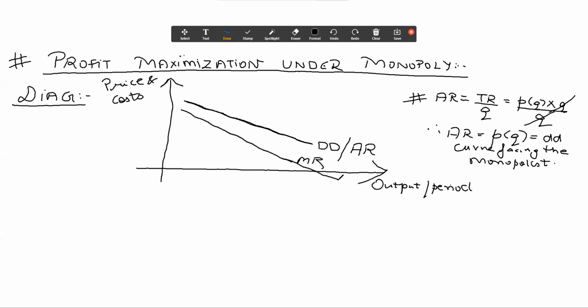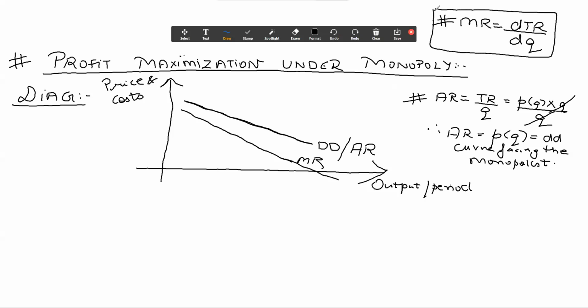How do we find MR? Mathematically, MR is nothing but the slope of the total revenue curve. So if I differentiate my total revenue with respect to Q, I get my marginal revenue. So marginal revenue is the derivative of the total revenue with respect to quantity, Q.